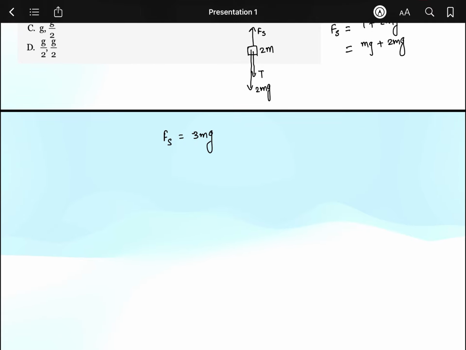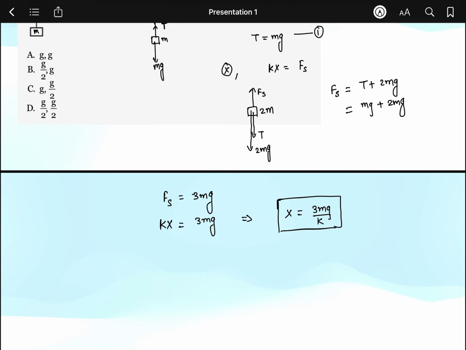Since the spring force is k into the elongation x, this kx will be equal to 3mg. So from here we can find the elongation in the spring, that is 3mg by k. This is the important conclusion we have drawn, that elongation in the spring is 3mg by k initially.